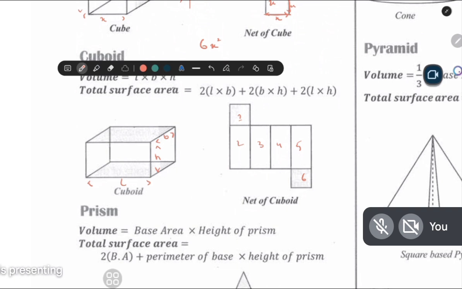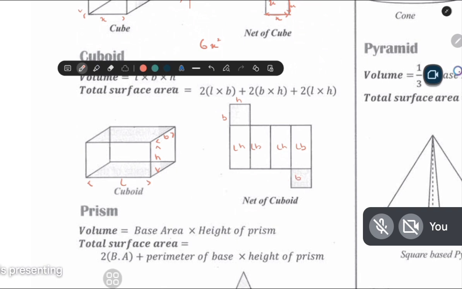When we open this up, you'll have one box which has breadth times height, one which has again breadth times height, one which has length times height, one which has length times breadth, one which has length times height, and one which has length times breadth.